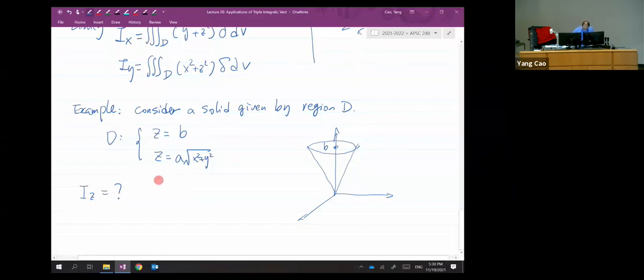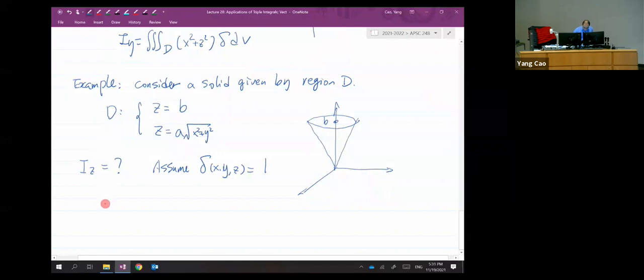And also consider, let's assume the density for this object is a constant 1, to make it a little bit simpler. So uniformly distributed density, and it's 1. Then you calculate Iz.